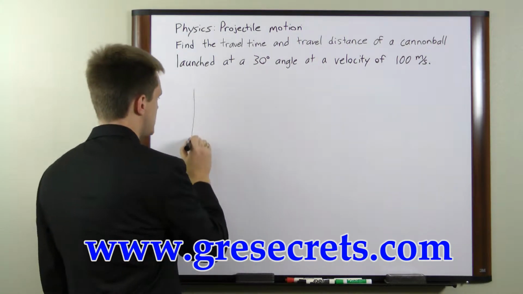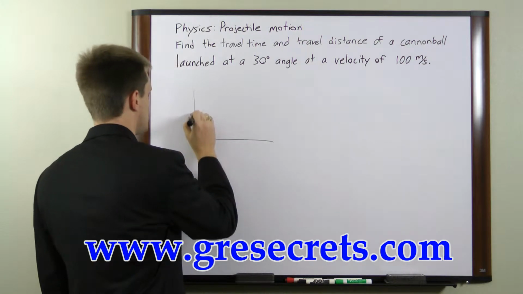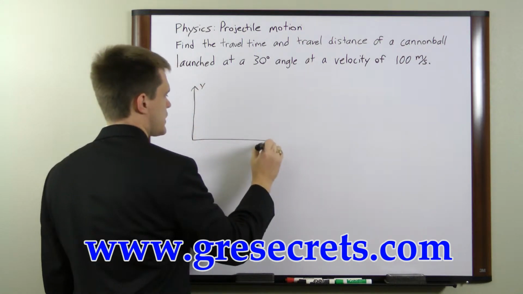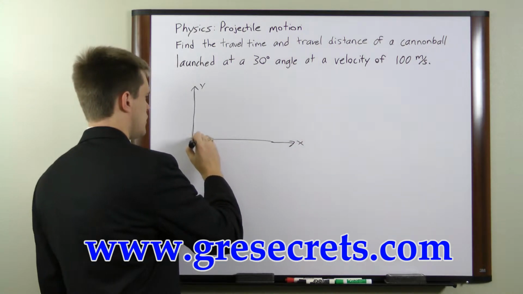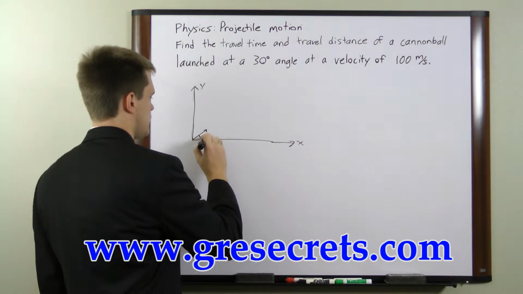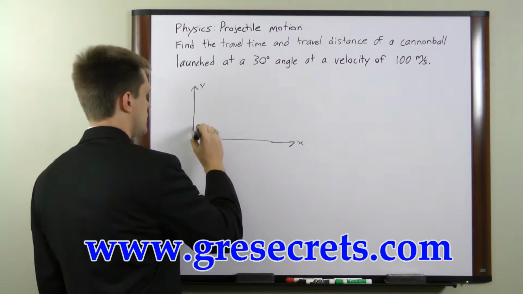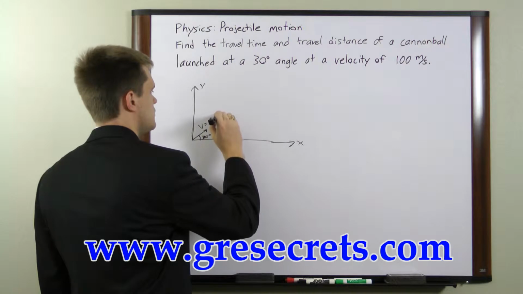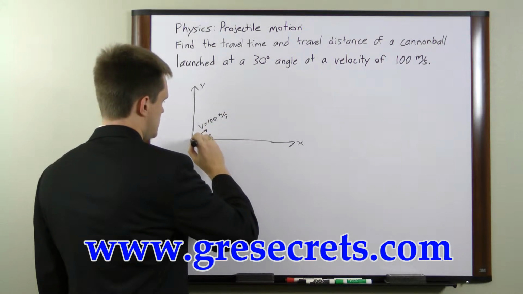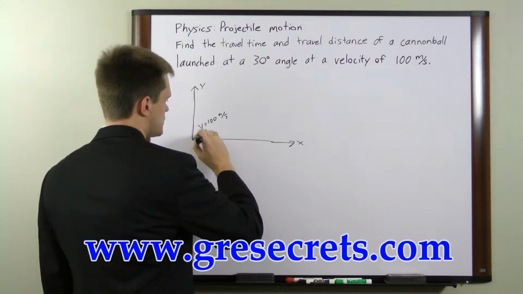We have our XY coordinate axis here. This is Y direction, this is X direction. We have a cannonball that's launched initially at 30 degrees at velocity of 100 meters per second. And the path of the cannonball is going to look like this.